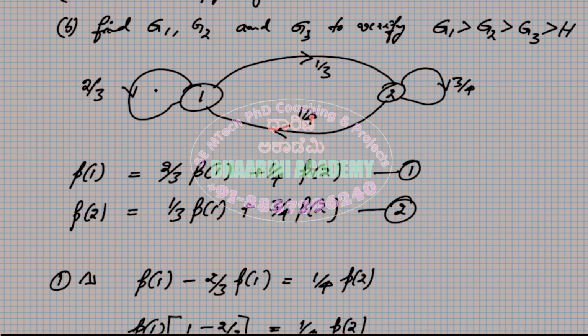I'll just write that. So if it is starting from 1 and coming back to 1, the emitted symbol is X. Okay, and if it is jumping from 1 to 2 or 2 to 1, then the generated symbol is, say, Z. Okay, if you are in 2 and you are coming back to 2, then the emitted symbol is Y. All right, so X, Y, Z, this particular source basically emits 3 different symbols.